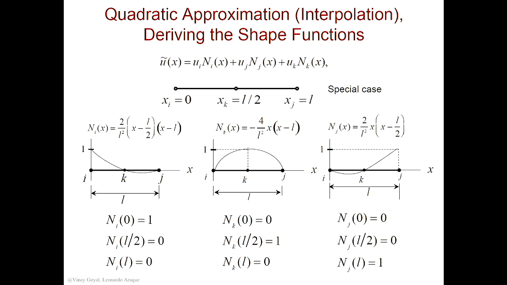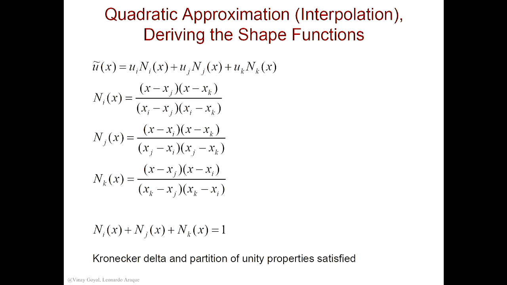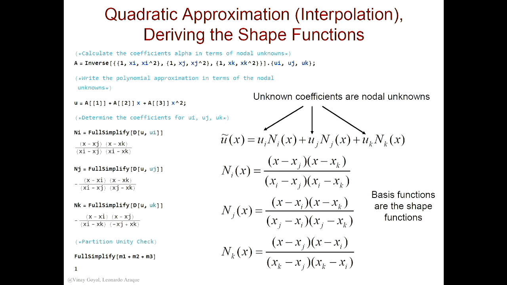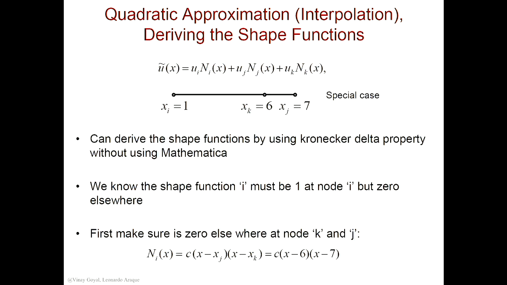And the same here. I can repeat that. The reason I'm walking you through that process is because you can actually derive the shape functions without following this process. Without doing any of this, you can actually come up with the shape functions just with that information. And I'll show you with an example so you can see how to walk through that, okay?